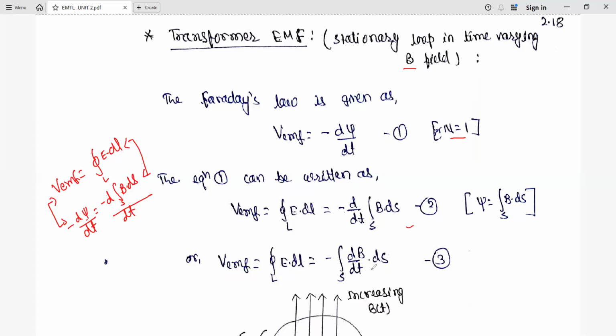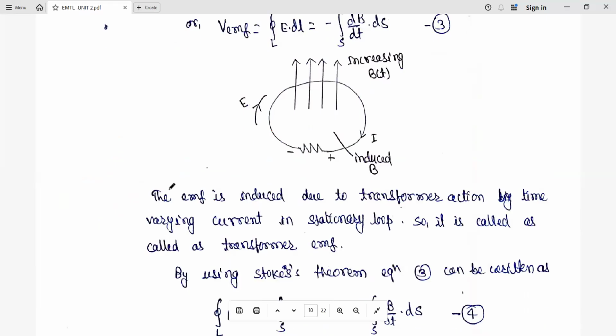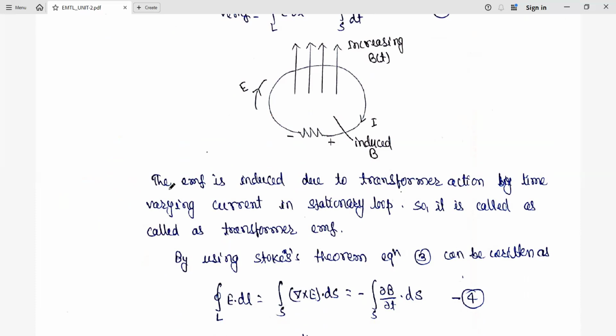Now we can rearrange this, and the differentiation is taken inside the integral. That gives us equation 3. Now here this loop is taken, and in it we have induced B, and this magnetic flux density is time variant.